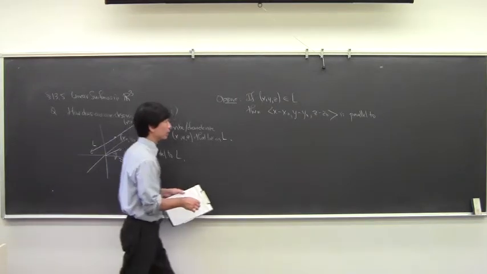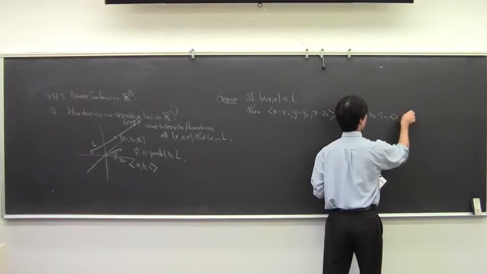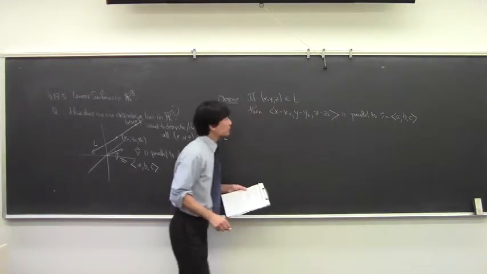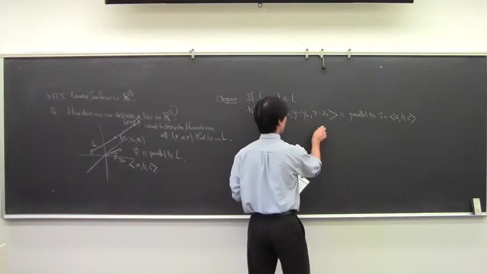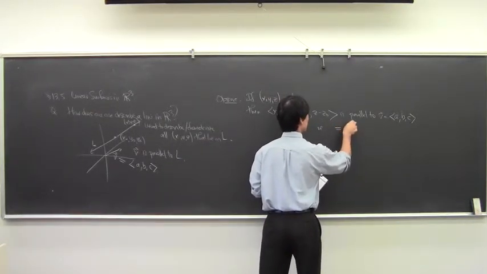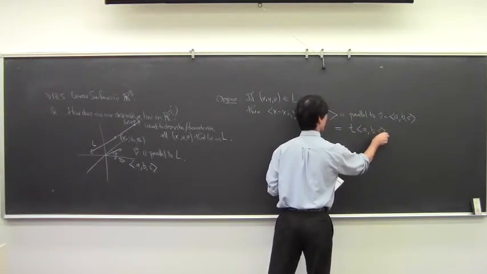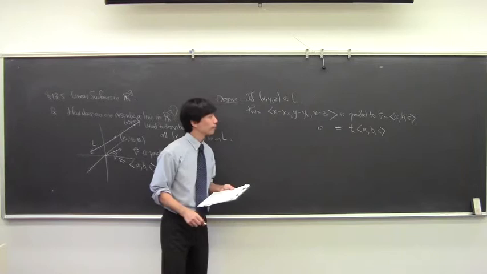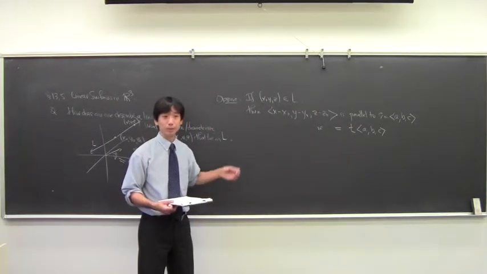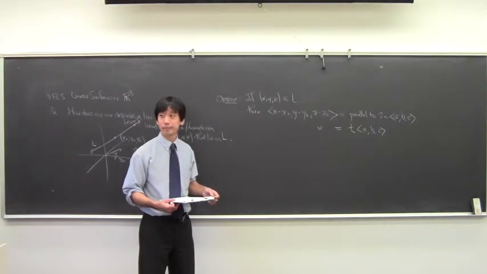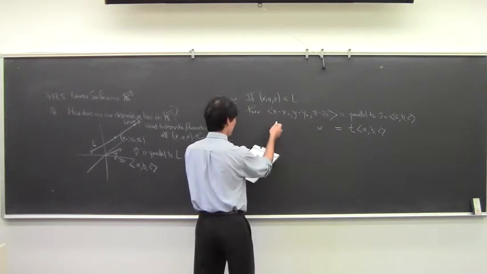So V is the vector ABC, parallel to this vector ABC. That is to say, it equals some multiple of ABC, because being parallel means that you are equal to some multiple. Okay. So that's the first way of describing it.